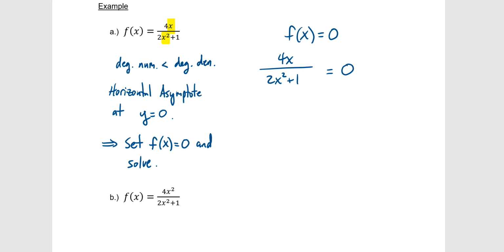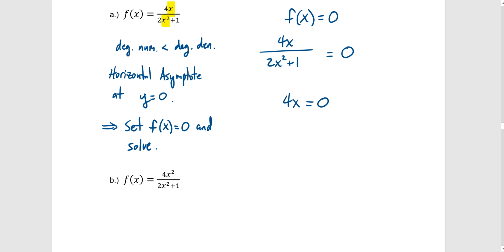So anytime you have a rational expression equal to 0, you would try to factor it, and then you cancel common factors. You set the simplified numerator equal to 0. This one does not have any factors to cancel, so this is already simplified. So we set this simplified numerator equal to 0.